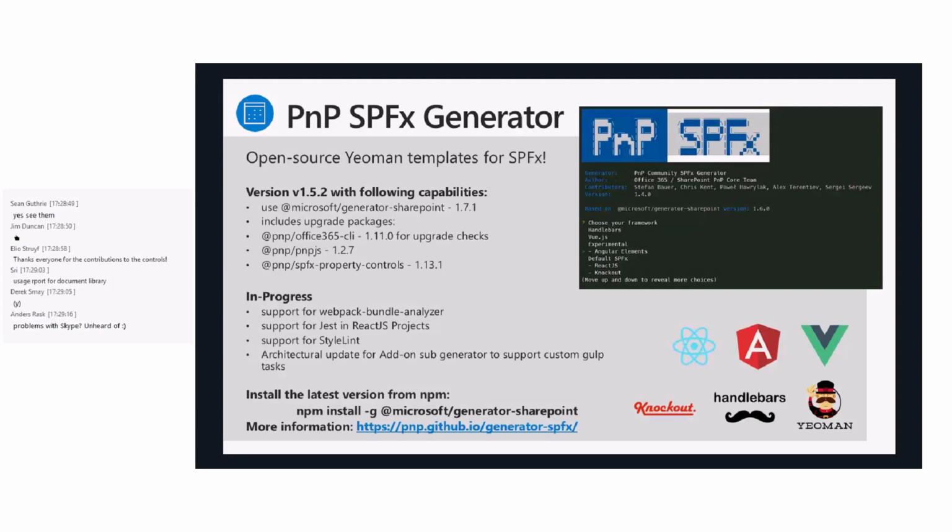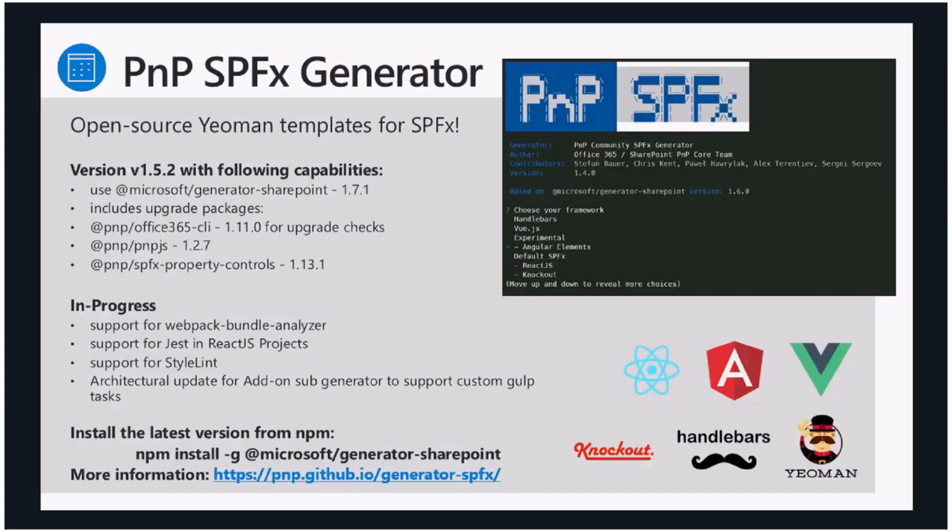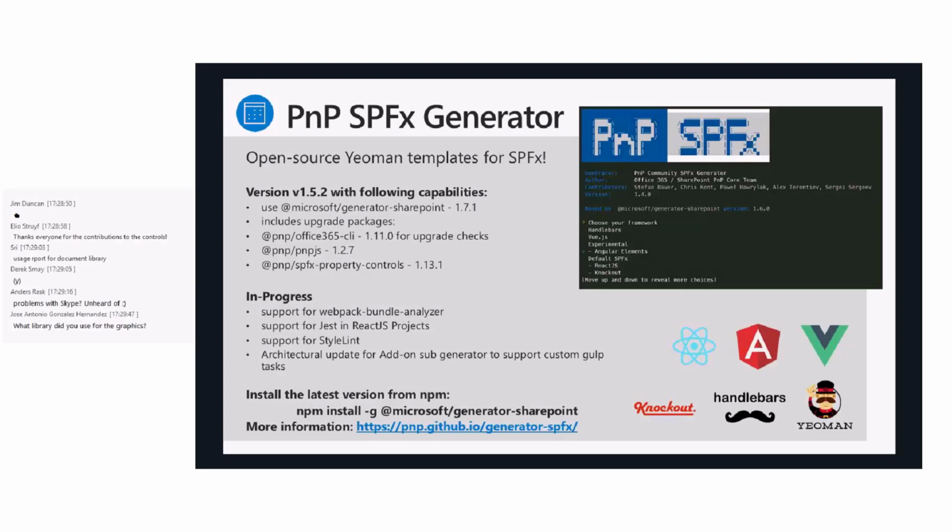So on Tuesday, the Microsoft SharePoint Generator version 1.7.1 was released, and after that we brought out the new version, SharePoint PnP SPFx Generator version 1.5.2, which includes the new generator as the core engine to create your new projects.